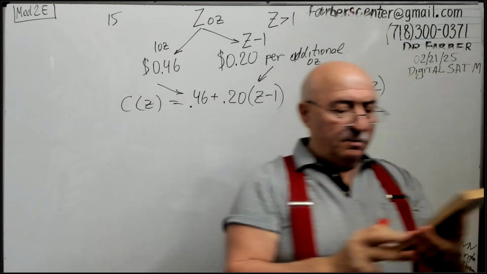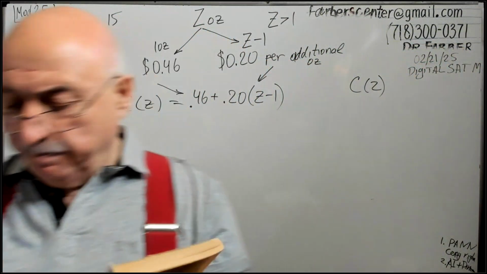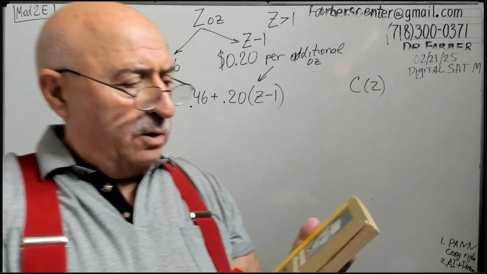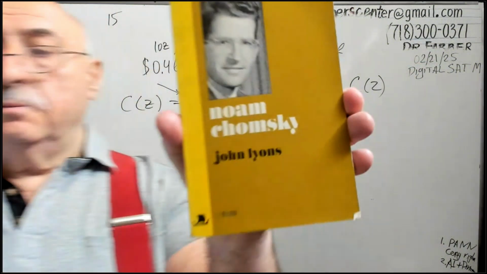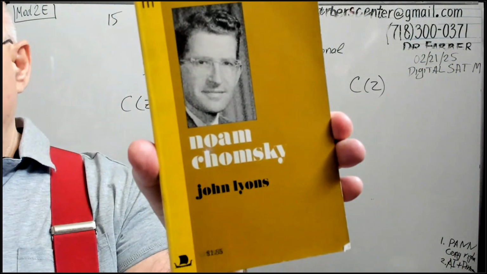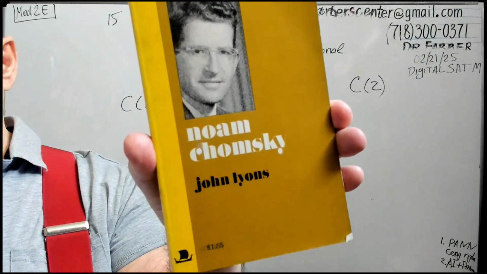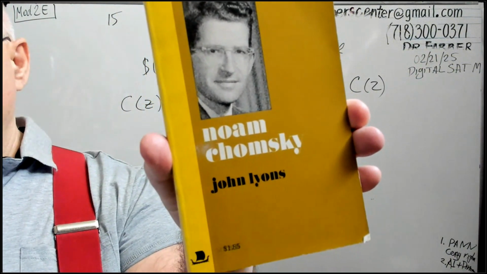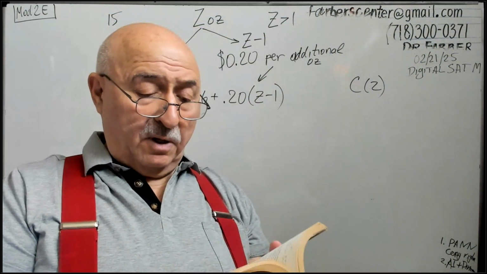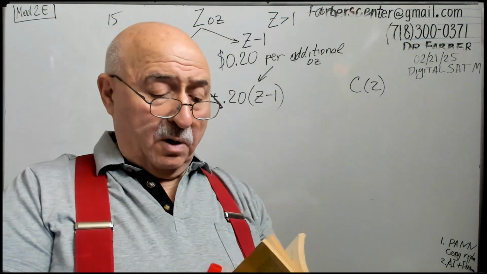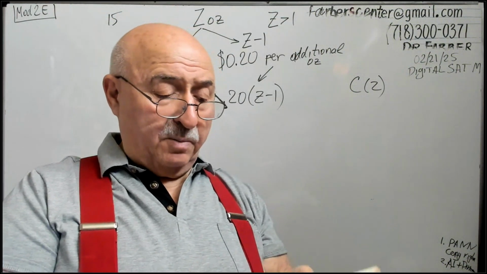Here it is. He is the number one linguist in the world right now. He published a lot of books. If you go to Barnes and Noble, go to linguistics, half of these books are his books. And he created transformation grammar.